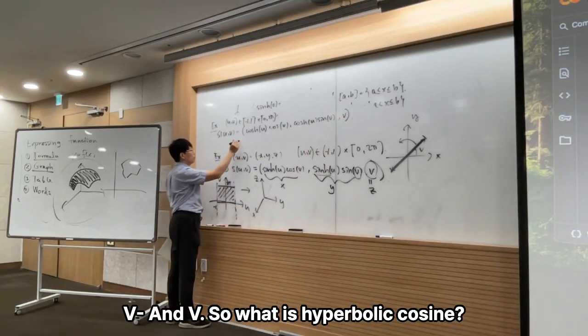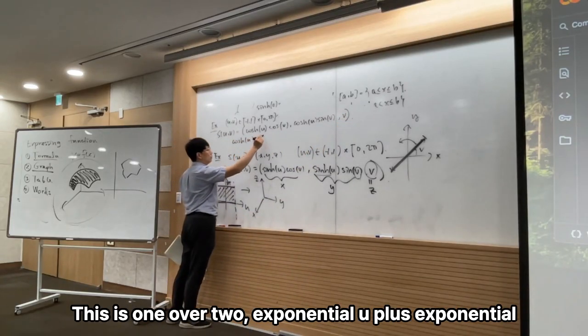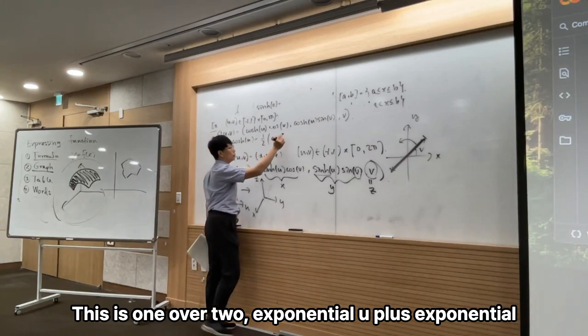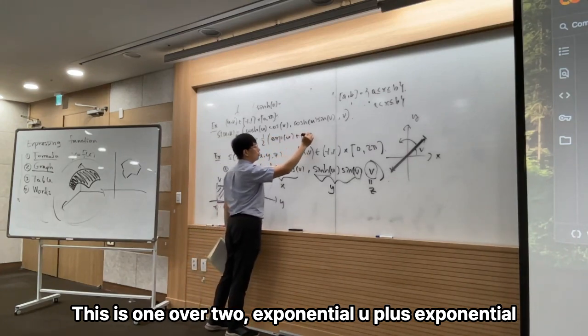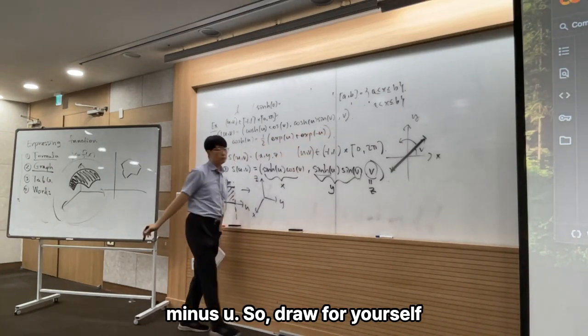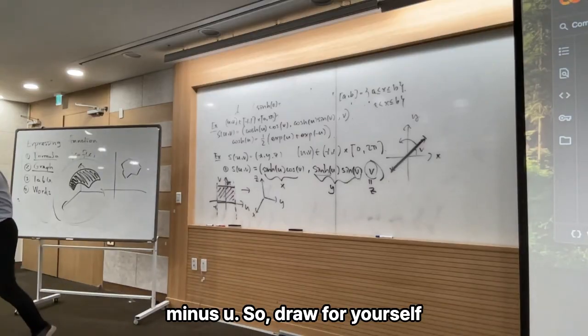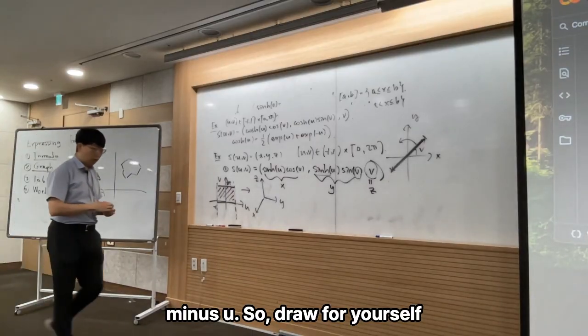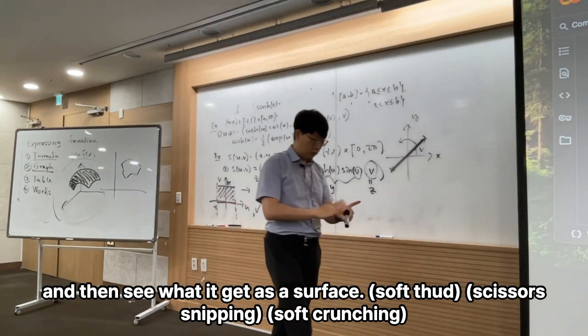So what is hyperbolic cosine? This is 1/2 times exponential u plus exponential minus u. So draw for yourself and then see what you get as a surface.